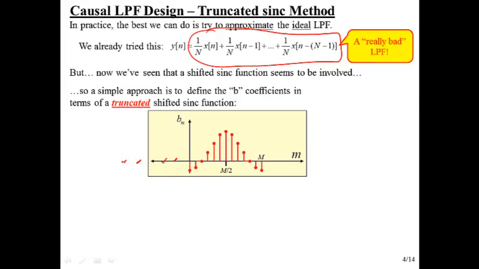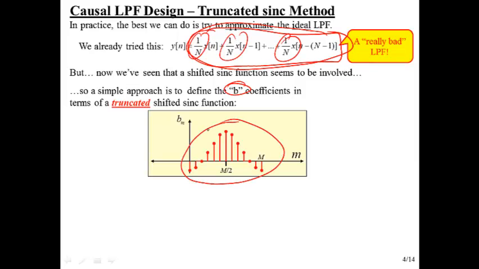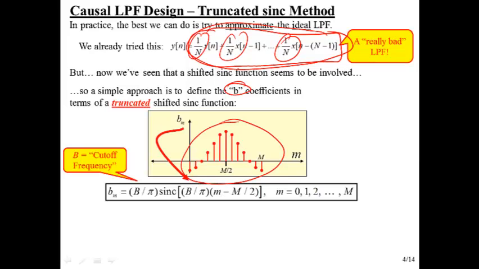By doing that, we come to the conclusion that we can set our b coefficients in this kind of filter, instead of setting them all to 1 over N, according to these numbers which are in this sinc function. And so let's take a look at doing that.